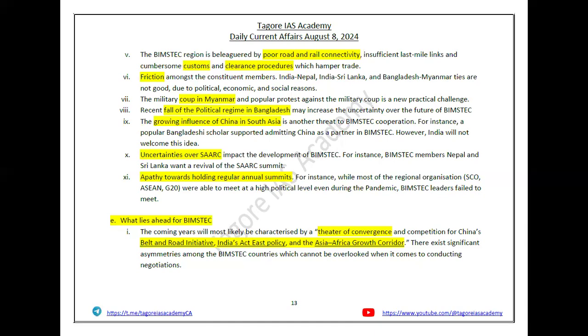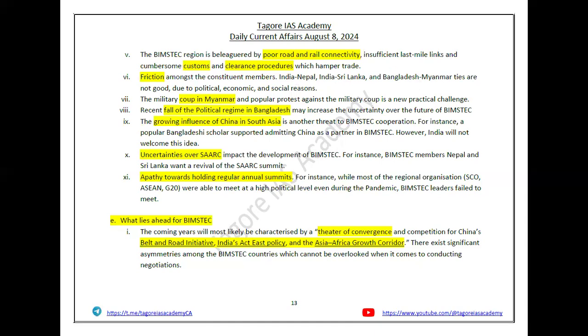Friction: we see India and Nepal boundary issues, India and Sri Lanka, many issues, let's say fishermen issues, the Kachchatheevu issue, one recent issue, right? Bangladesh and Myanmar, again, refugee issues. And likewise, I'll subsequently cover these also.